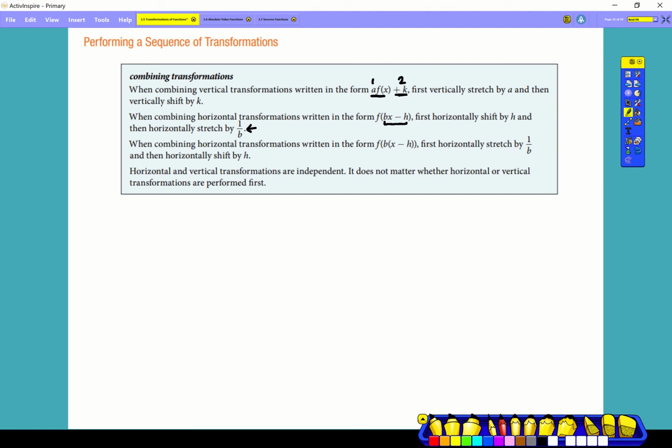When combining horizontal transformations in this form, what I would recommend doing is to factor out that b, but if you would rather not, like maybe numbers are easier to work with if you don't, so if it's in this form, you work with h first and then your b. If it's in this form, you work with your b first and then your h.